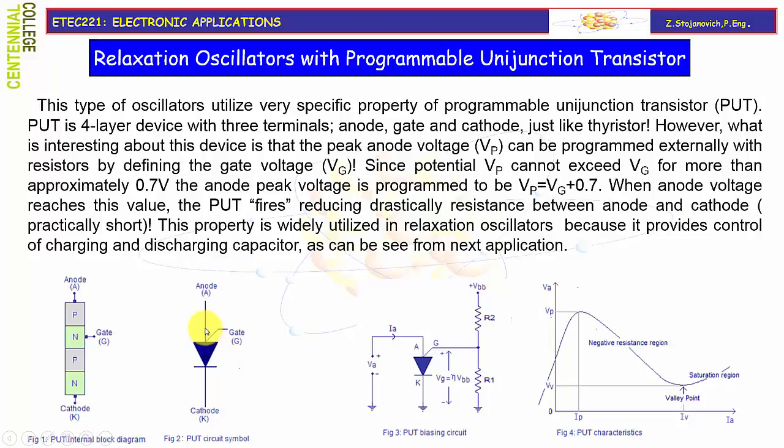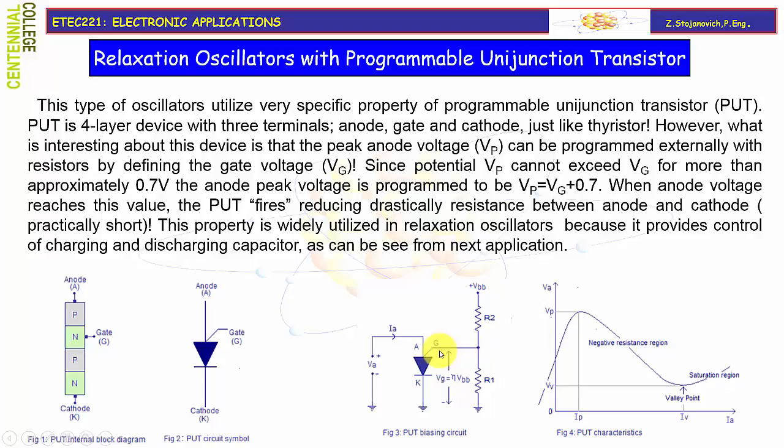Recall that for a regular rectifying diode, as soon as the anode is 0.7 higher than the cathode, the diode will be on. Not in the case of PUT, where the firing point depends on the gate voltage. What is interesting about this device is that the peak anode voltage, V peak, one of the specifications of this device, can be programmed externally using resistors, for instance, by defining the voltage at the gate.